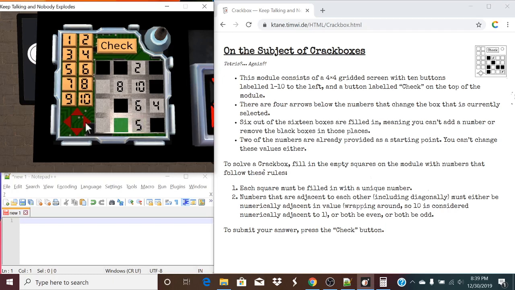So then what we can do with 6 is we can put 7 here. That works obviously because they are adjacent by 1 in value, and they are both odd for the 5.